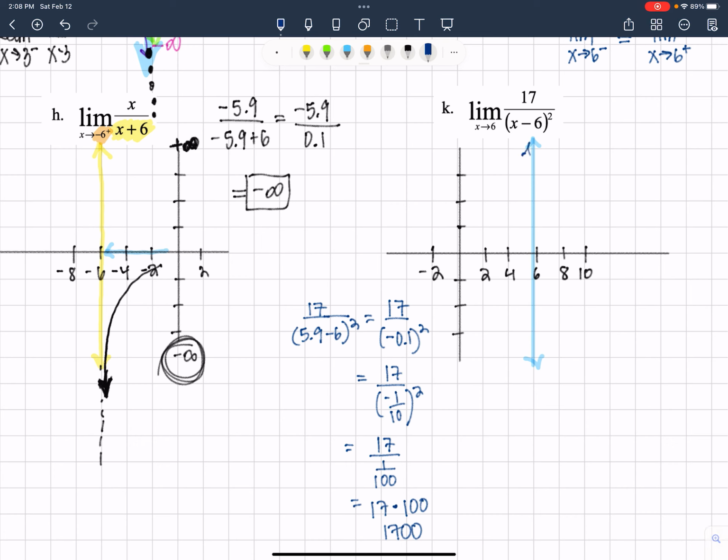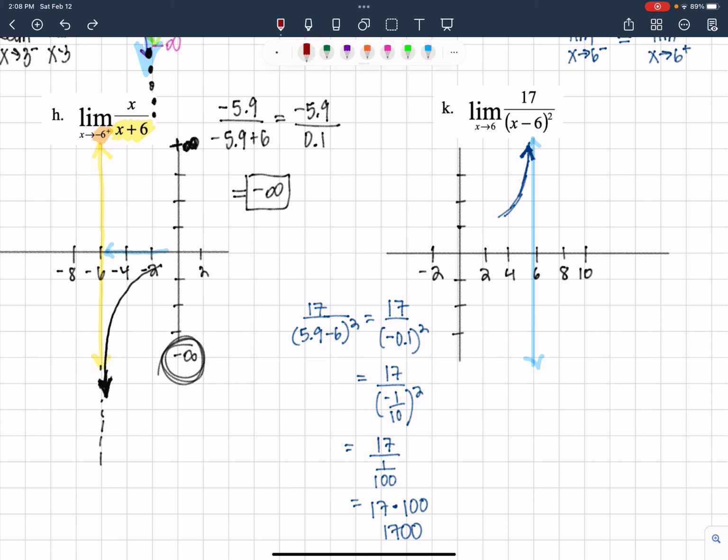So we can say that what's happening as we get closer and closer to x equals 6 from the left is something like that. Okay, don't know what else is happening to the left. All I really care about is what's happening in this section right here on the left-hand side of the asymptote. Now I'm going to check on the right-hand side of the asymptote. I'm going to do this in red.